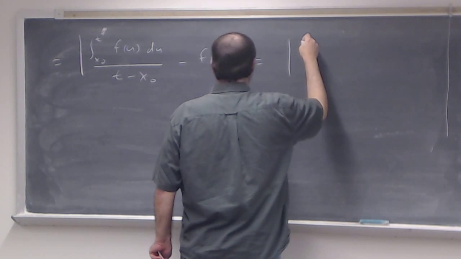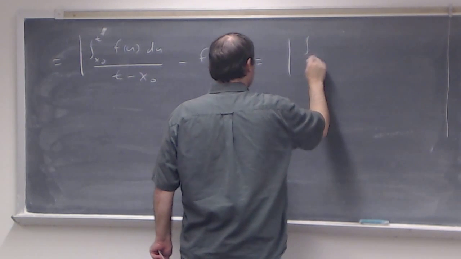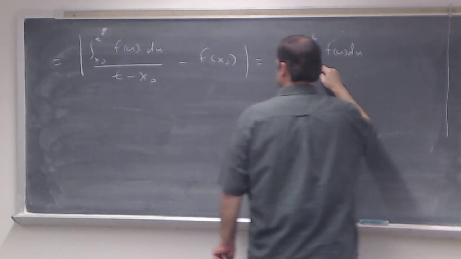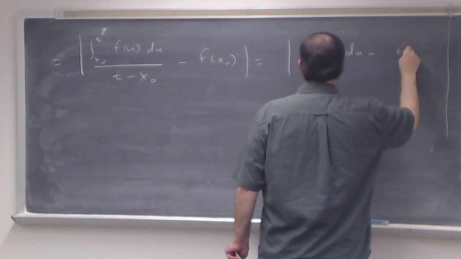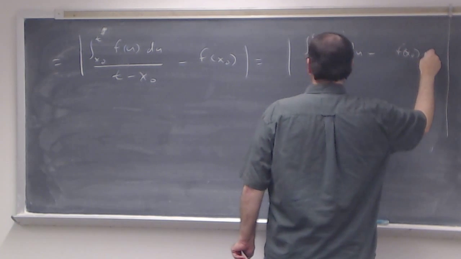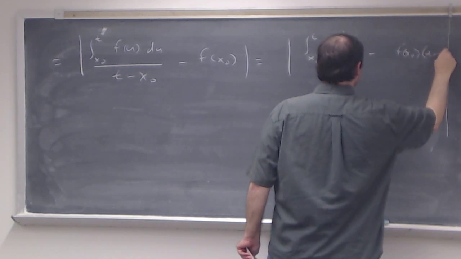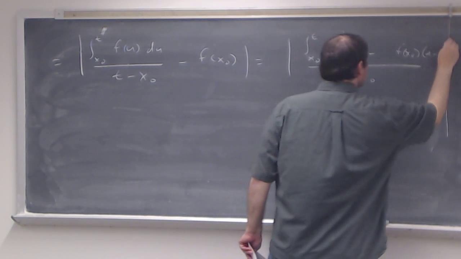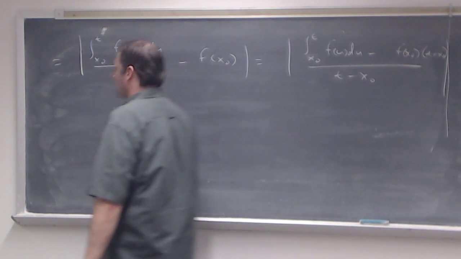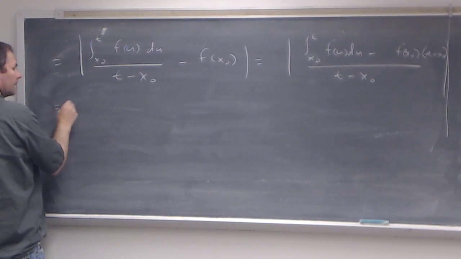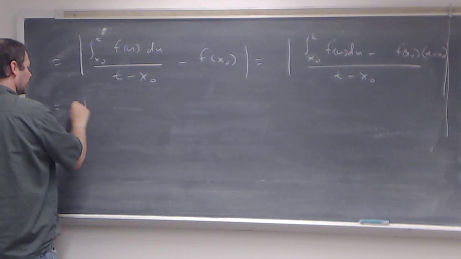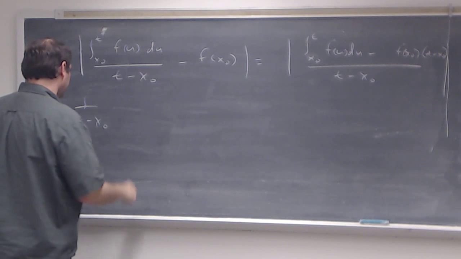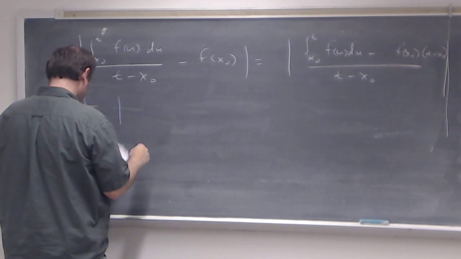This is the absolute value of the integral from x naught to t of f of u du minus f of x naught times t minus x naught, and that's all over t minus x naught. And so this is in absolute values, and I can pull out the 1 over t minus x naught. T minus x naught is positive because t is greater than x naught in this case.